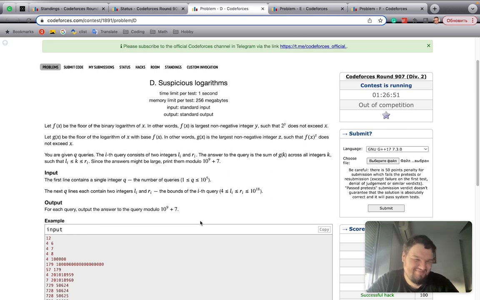Should be true. So all of the g values are at most what, 15, 16, and 16 times 10 to the 18th fits in unsigned long.